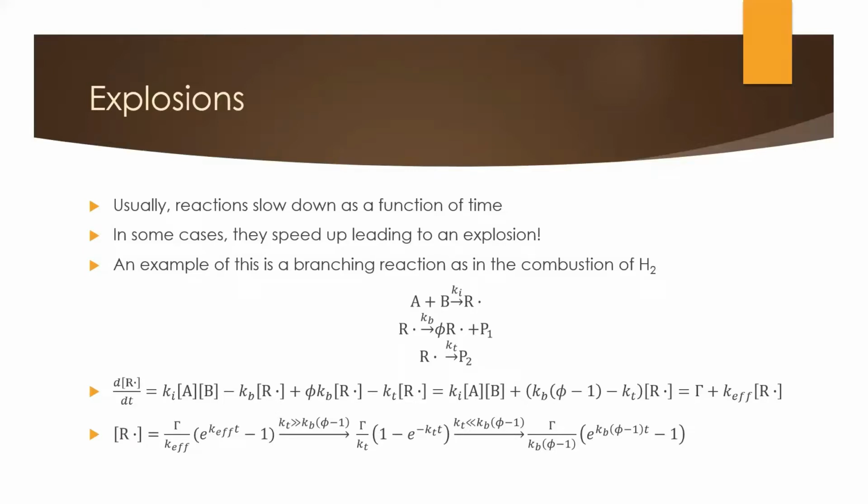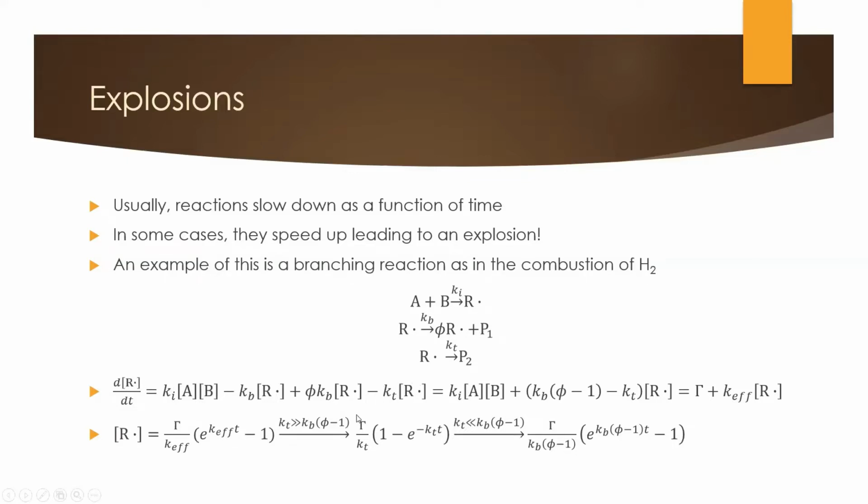So this has been proposed in the hydrogen molecule exploding with oxygen, that there's a branching step in that process. Eventually, there's termination where the radicals go into some other product, losing the radicals. Just like we've always done, we can describe the rate of this process as is shown here. So the rate of change of our concentration of radicals: they are formed in the initiation step and consumed in the branching step and the termination step.